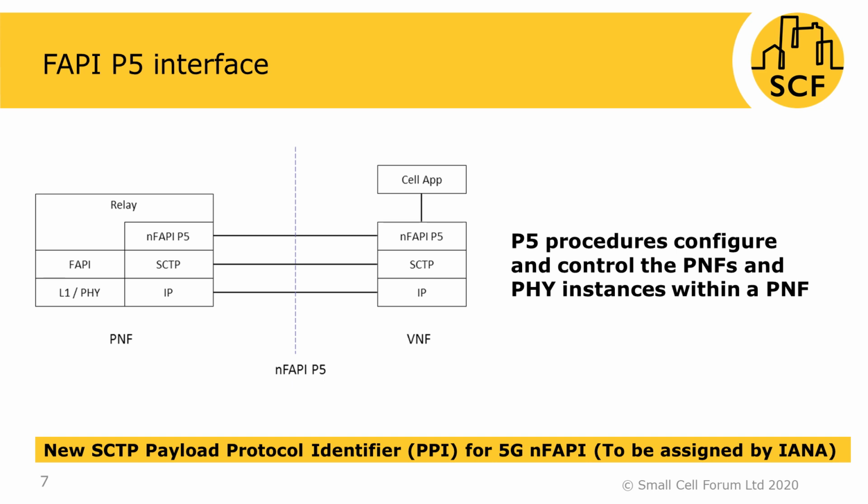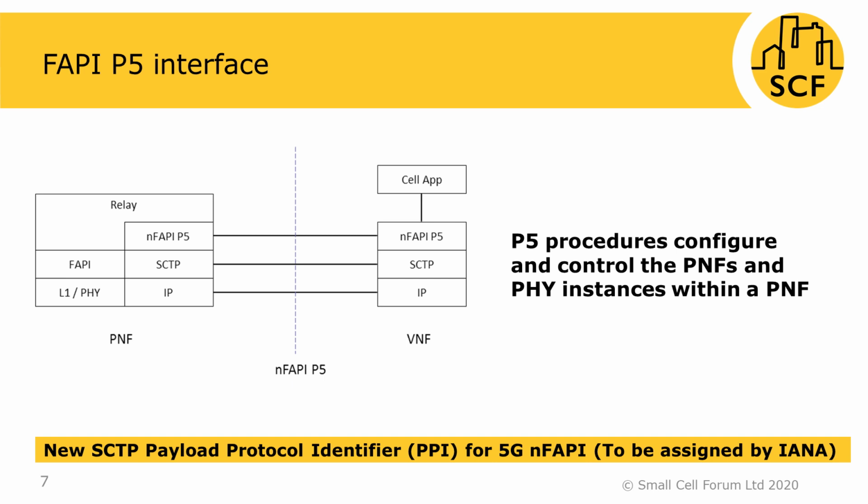If you look at the stack diagram here, the L2 layer shown as a VNF can do all the control and configuration procedures towards a PNF, which is an SRU, over an SCTP transport based interface called P5, and the messages are defined in the NFAPI specification. The SCTP payload protocol identifier for 5G NFAPI is to be assigned by IANA.